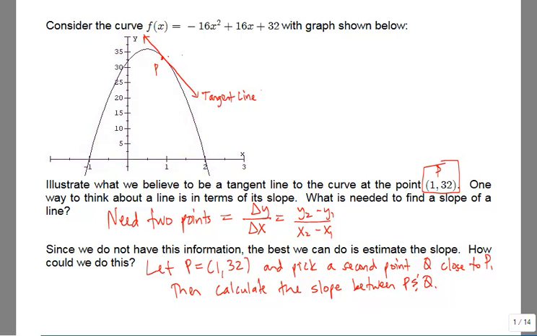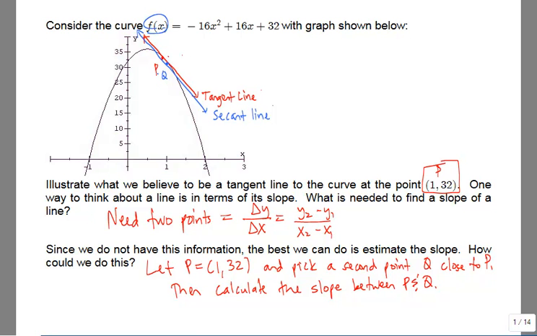So imagine that I pick another point Q, and I want it to be pretty close to P so that I'm not creating a new line that's totally different than this tangent line. I want to be pretty close to my actual tangent line. So if I pick a point Q pretty close, then we can create this second line right here, which is actually called a secant line. Now a secant line by definition is just the line that connects 2 points on our function.